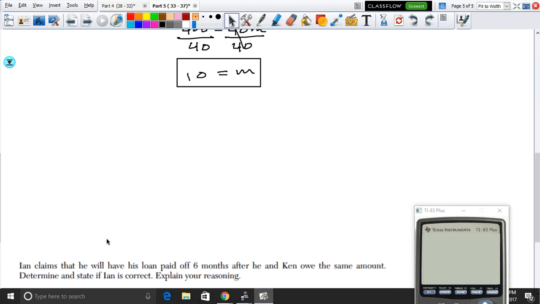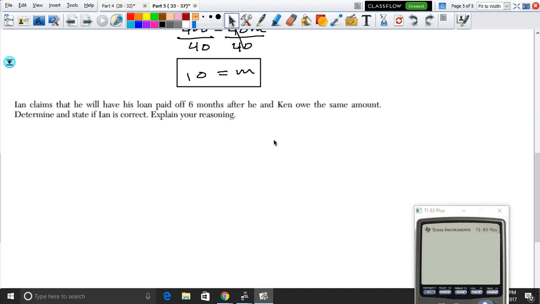Okay, so we have one more thing to do here. It says Ian claims that he will have his loan paid off 6 months after he and Ken owe the same amount. Determine if Ian is correct. All right, so we know that he and Ken will owe the same amount in 10 months. That's just one m, at 10 months.